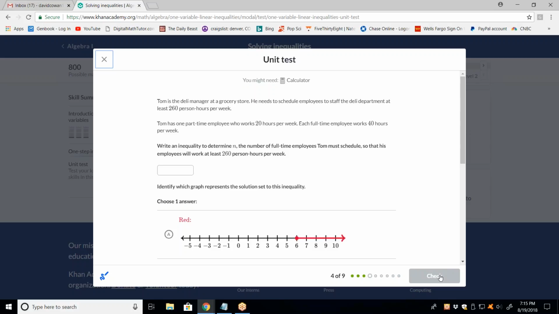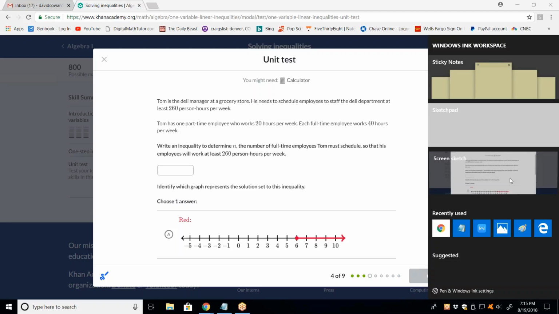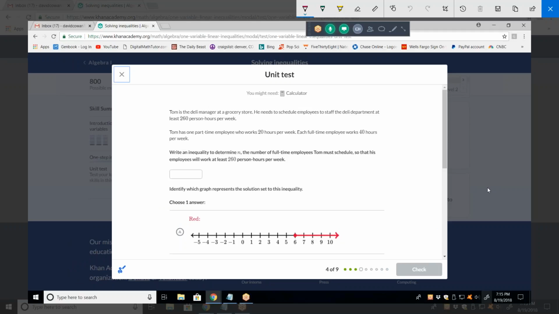Okay. Need a little writing room. So the very first sentence: he needs to schedule employees to staff the deli department at least 260 person hours per week.